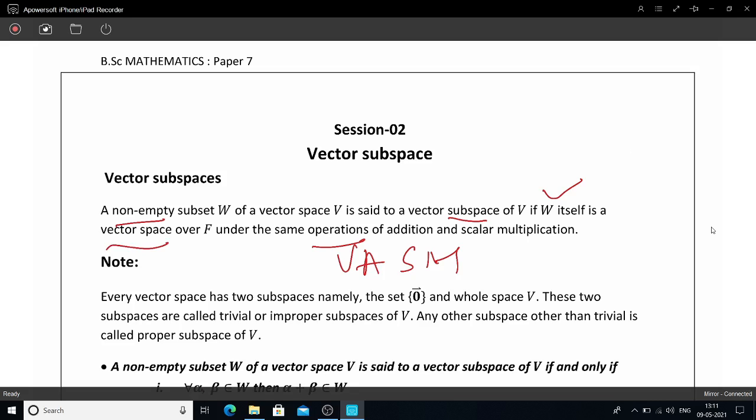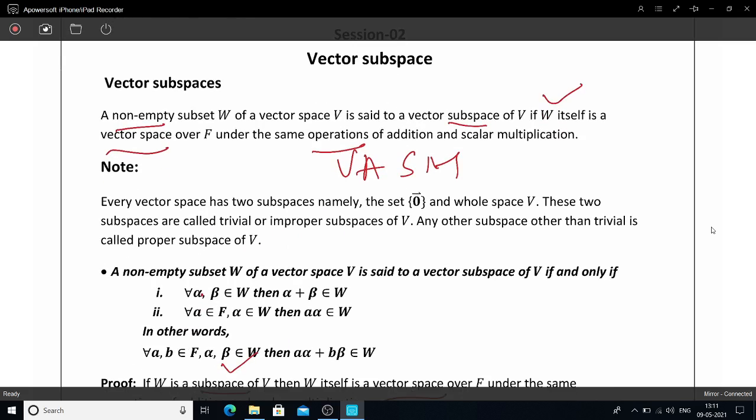Let me repeat. A non-empty subset W of a vector space V is said to be a subspace of V if W itself is a vector space under the same binary operations, that is vector addition and scalar multiplication.